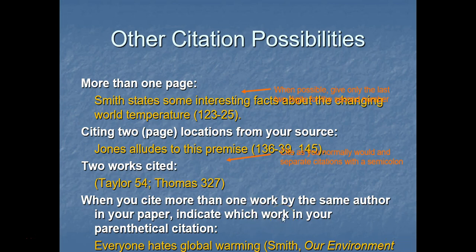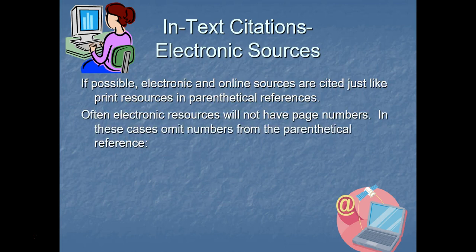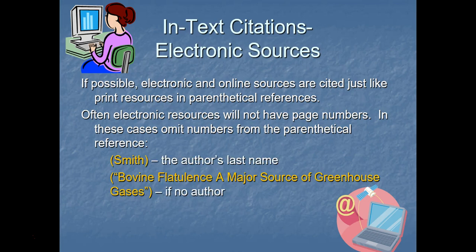But that's a rare situation, so I wouldn't stress about that. If you're using an electronic or online source, there aren't page numbers, so you just put the author's name. If you don't have an author's name, because sometimes websites don't give authors' names, you just give the title of the article.